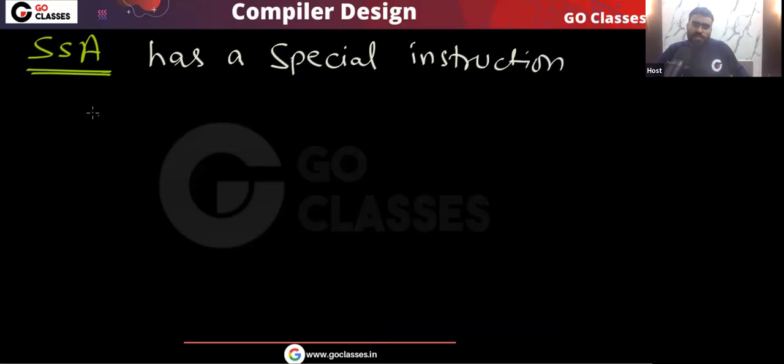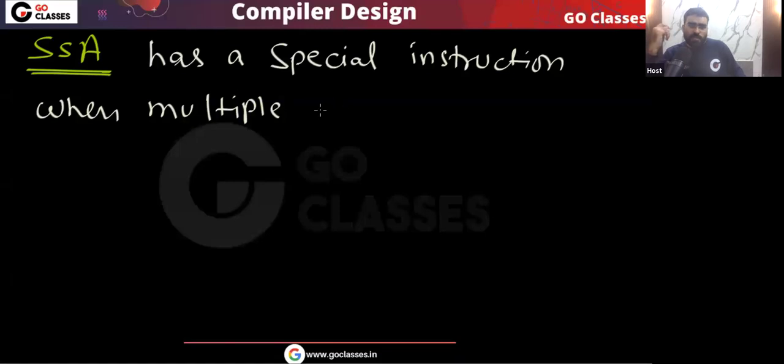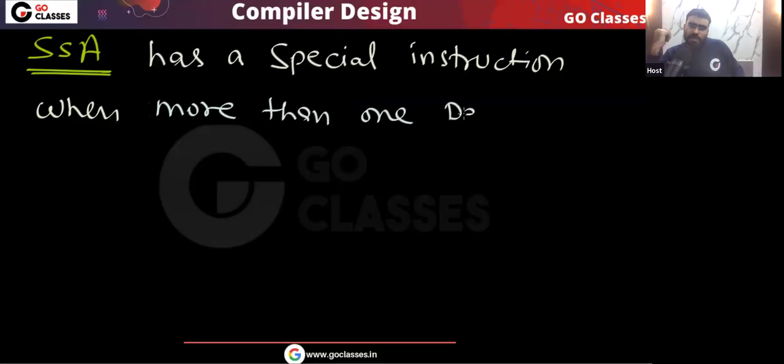A special instruction when multiple values are coming to a point. When multiple assignments, or I can say multiple definitions of a variable, are coming to a point. Definition means assignment, right?